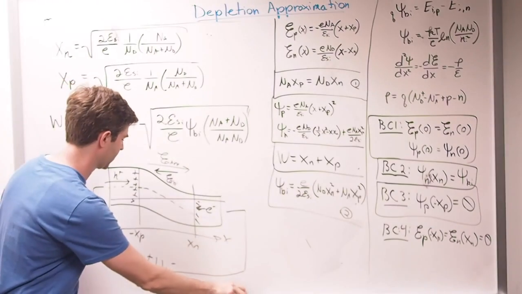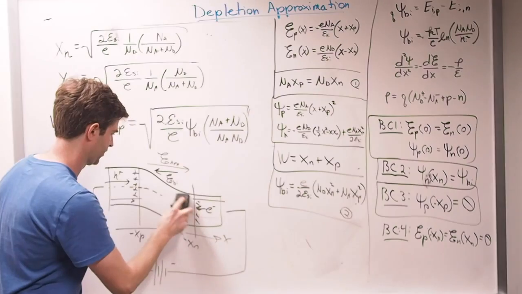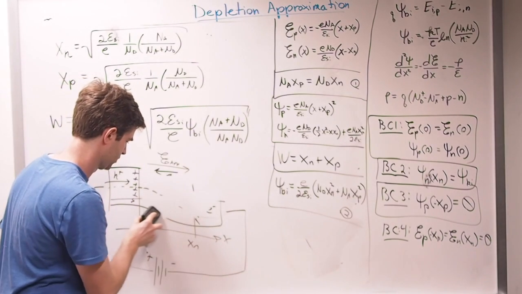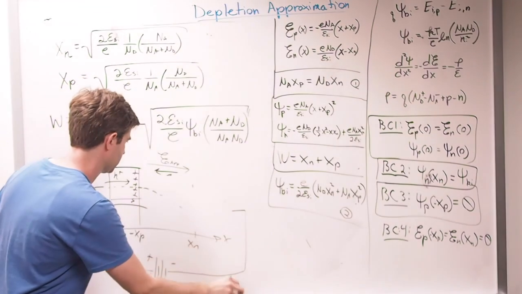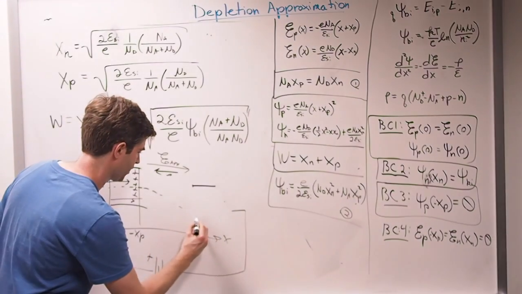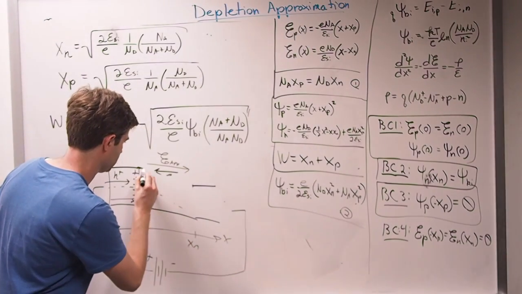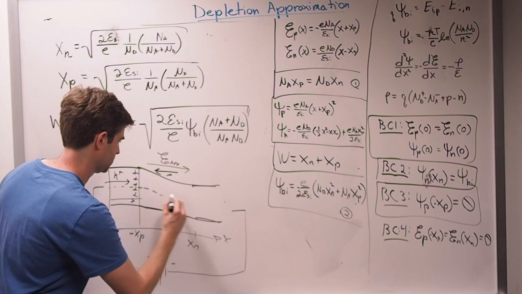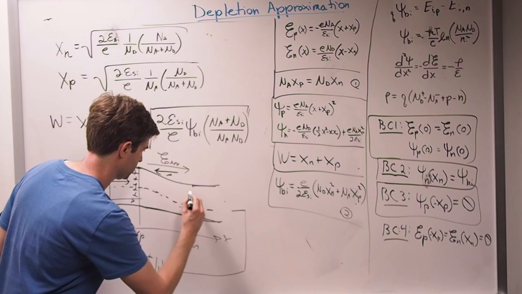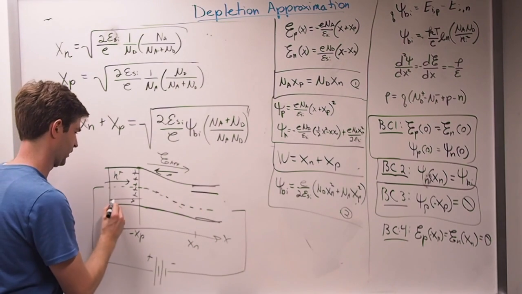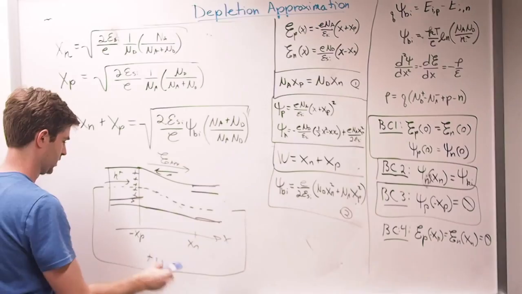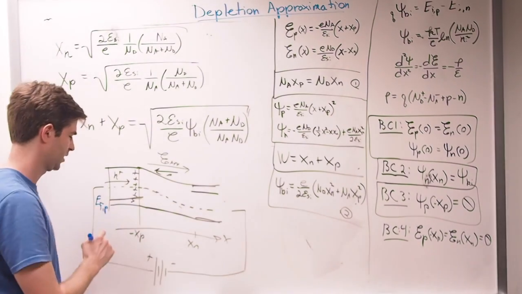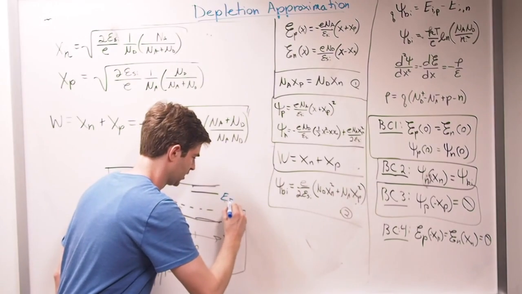And so what we end up getting is we raise up our depletion region. So this is now EFP, and this is now EFN.